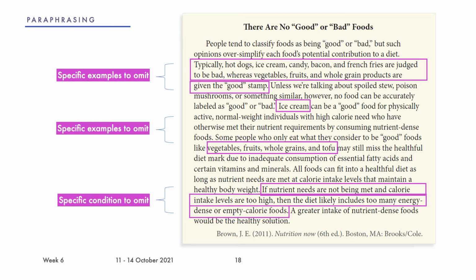But we are just going to talk about that there are no good or bad food in our diet. So that would be the main message. In this case, the condition sentence would not be necessary. So I would take it out.